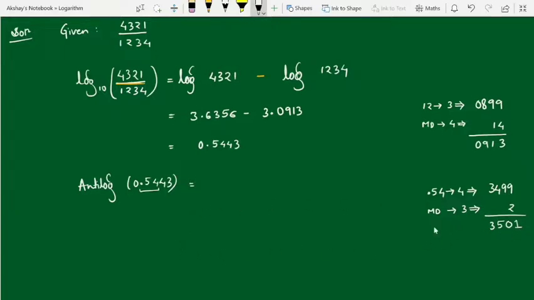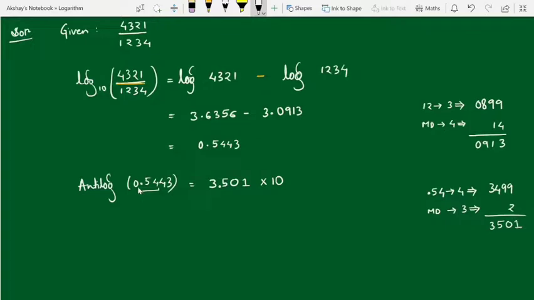Okay, so this 3501 here I have to write now. Once after writing 3501, the very next step is to introduce a decimal point here. Once after introducing the decimal point, from this number we have chosen 10 to the power of the number left of the decimal point.